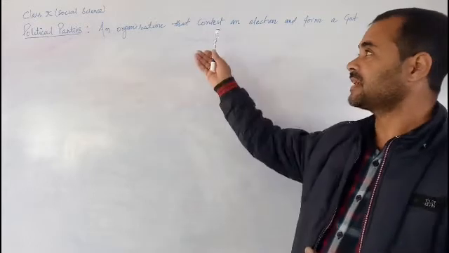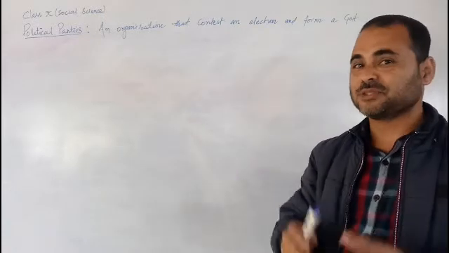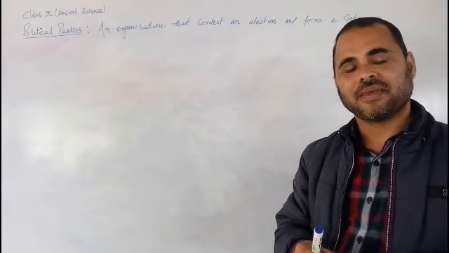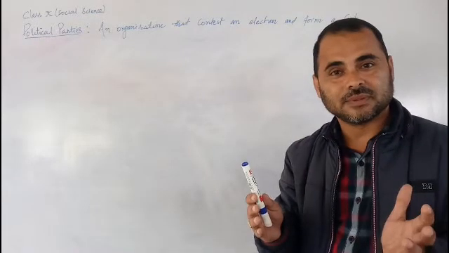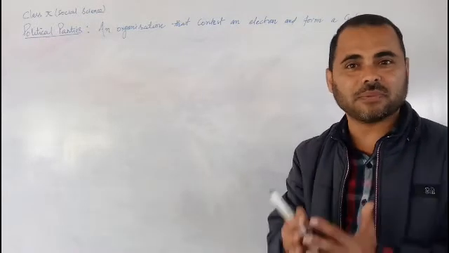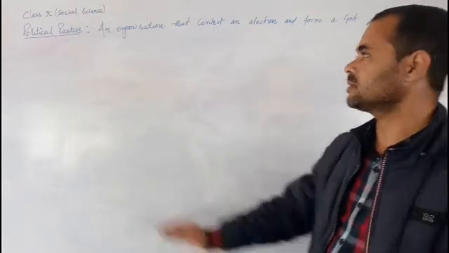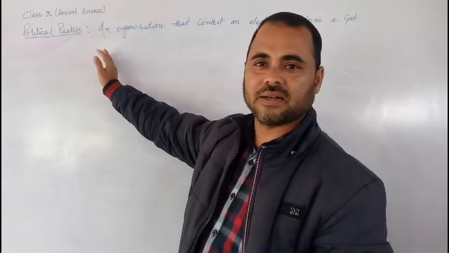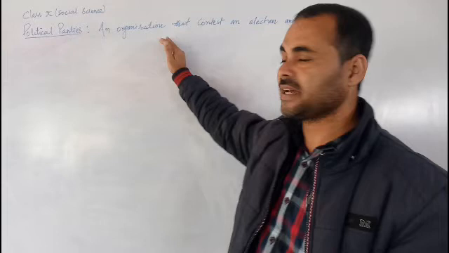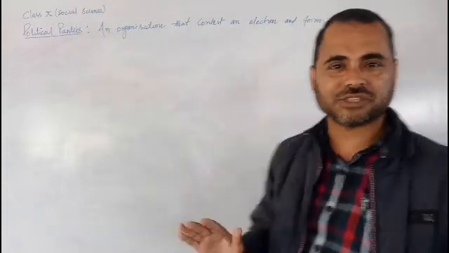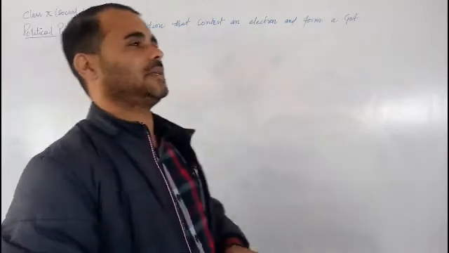Because they contest election and form government. A democratic country is that country where the government is formed by the people's representatives. So in the simple definition, a political party is an organization that contests an election and forms a government.